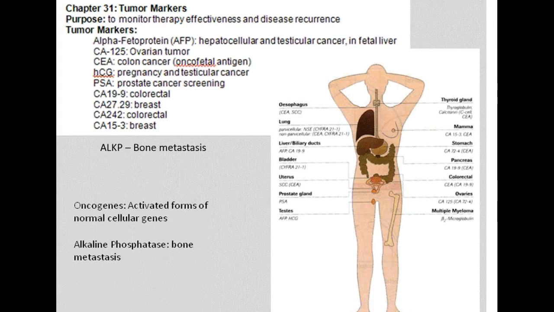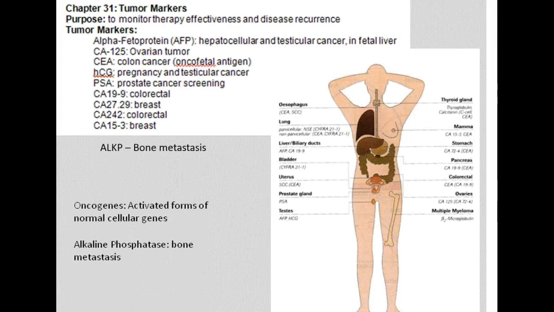So once they do maybe a biopsy and an ultrasound and they diagnose that the patient has cancer, once they start treating them, they're going to draw their tumor markers every month or 2 months or however often it may be to make sure that the level is coming down. And once they're treated, they're going to keep track of it to make sure it doesn't go back up, okay? So you need to know what each one is for.